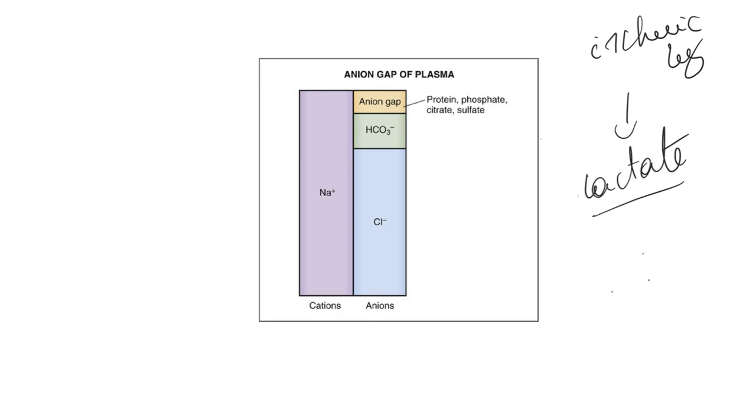Go back to my introduction to acid base to understand why lactate is generated. As the lactic acid increases, it is going to start occupying this space. So your anion gap increases.